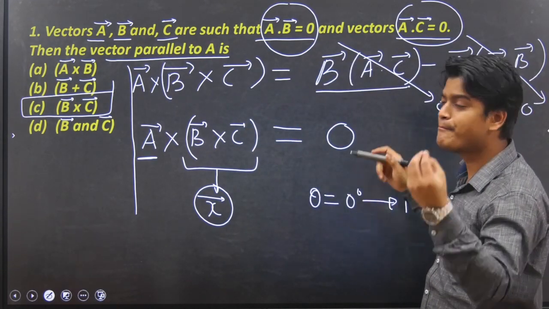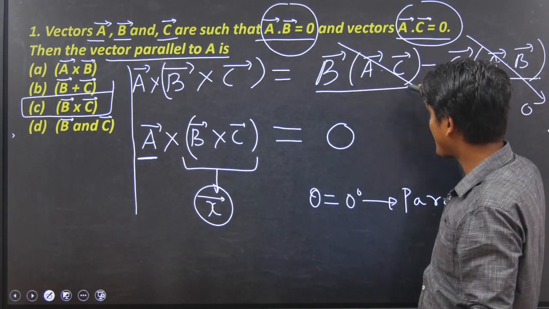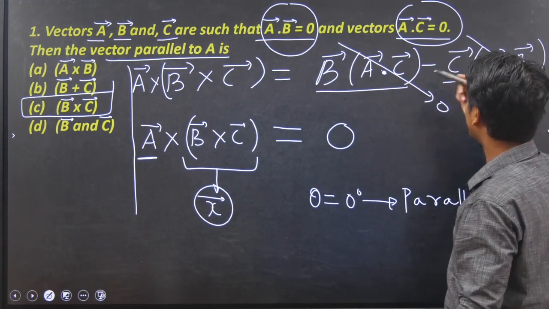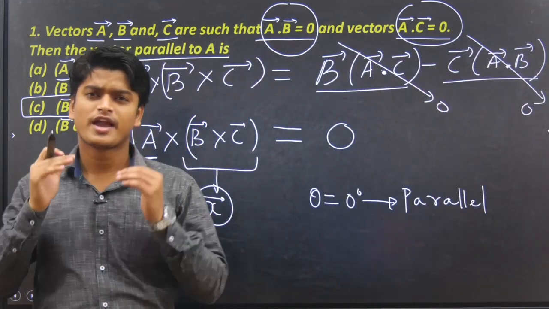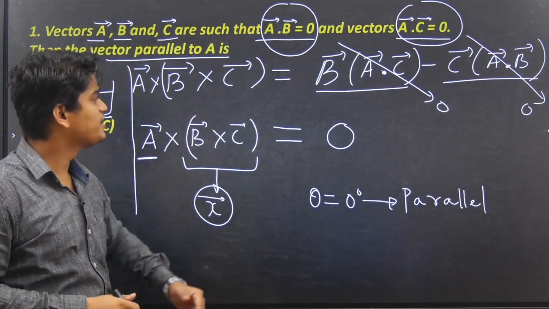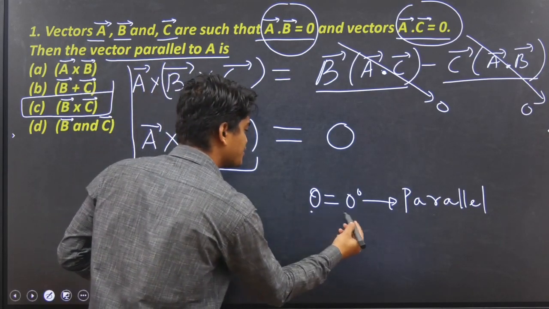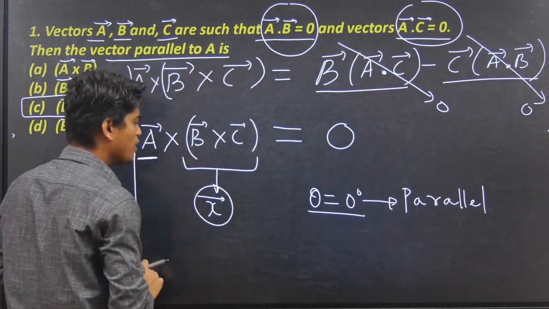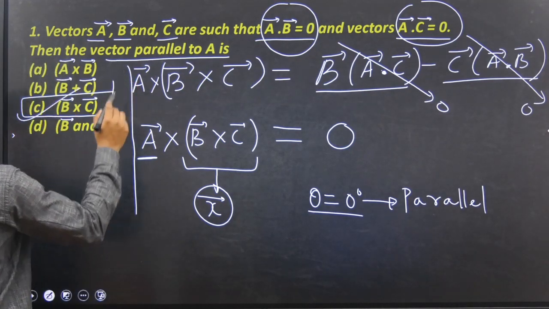BAC means B vector into A dot C, minus CAB means C vector into A dot B. Here the conditions are given, substitute and get the answer. And always remember, if theta is 0, then the cross product equals 0 and both vectors are parallel to each other. So here the answer will be C.